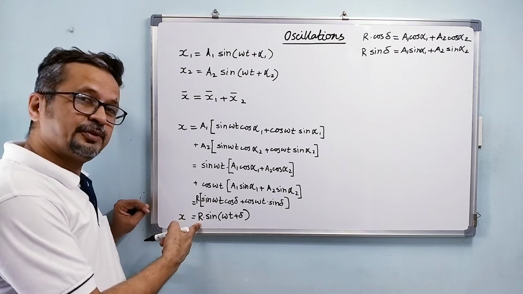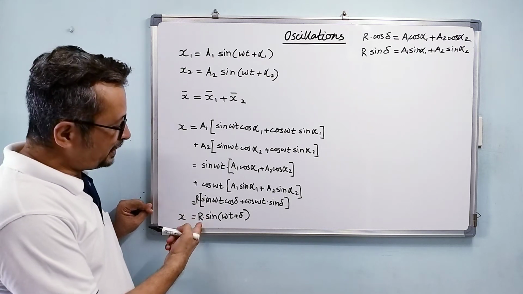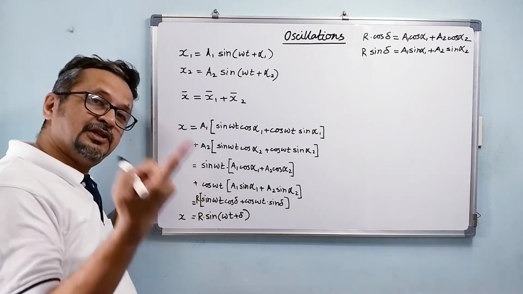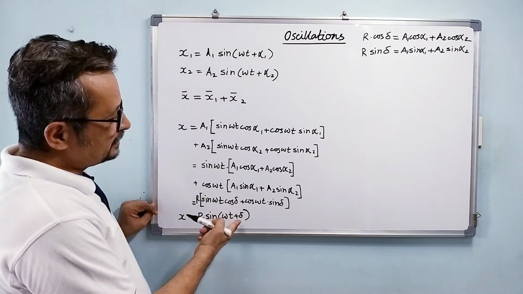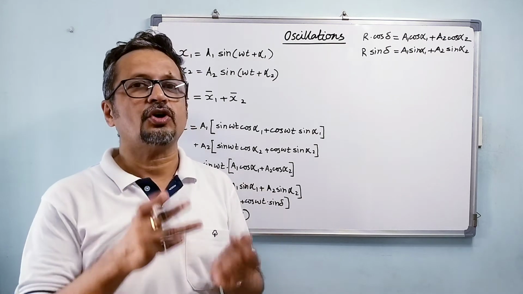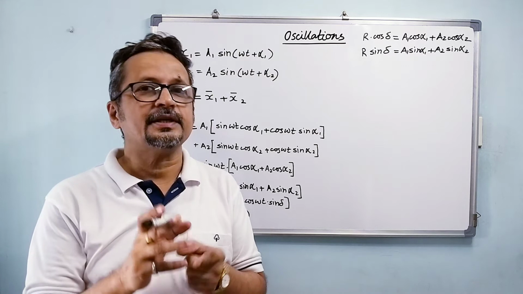If you see this expression, you will notice that capital R is the resultant amplitude, and δ is the initial phase of my resultant SHM.